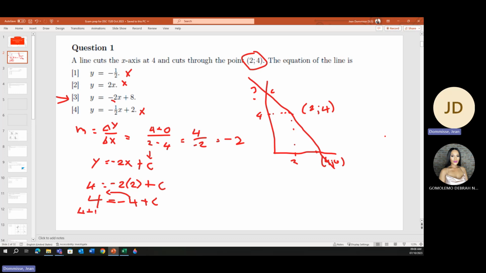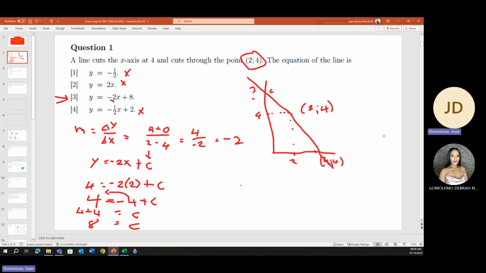So 4 plus 4 is equal to 8. So c is equal to 8. And then we can just complete the formula: y is equal to minus 2x plus 8, which is then also the formula that we had. Okay, so that's the first one, where they give us points on that equation, and we need to work out the equation.